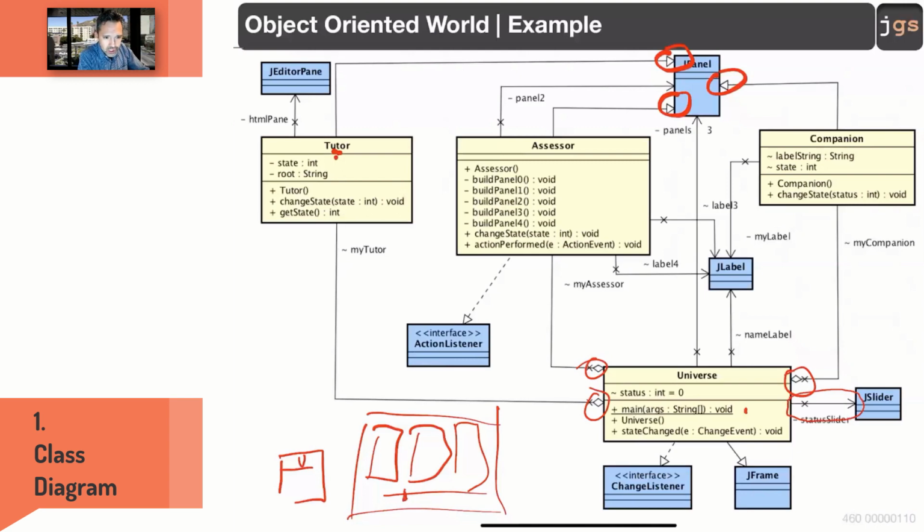Having composition is not about physically having something inside. It's about a relationship between classes. It's a relationship of a global variable, or it's a relationship with calling a method. And you can achieve having something drawn inside of the graphical user interface, even though you do not physically have the element inside.